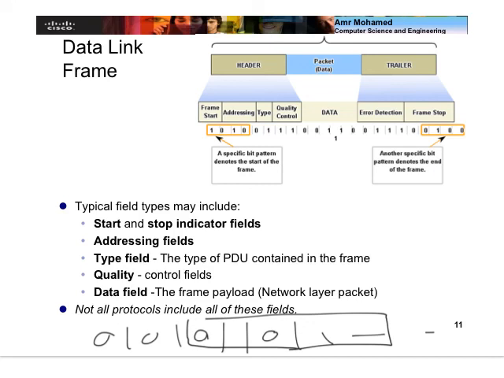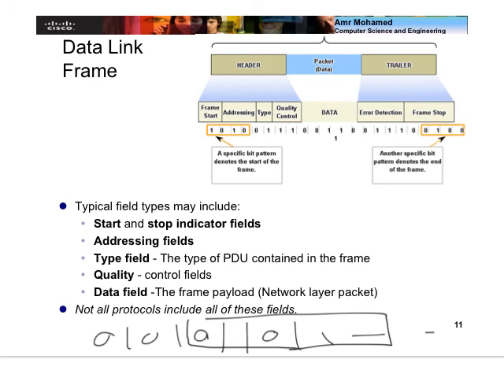Why do I need to have a start and stop? Well, for two reasons. One reason is that the frame in general could have a variable size. So even if you have a stream of bits, you have a start frame, and then you have a frame of a different size.